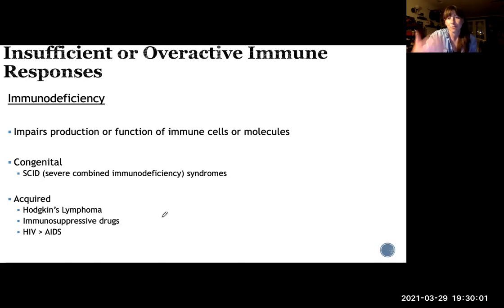So if you are battling cancer, or if you have a transplant or a transfusion, you are going to have to take drugs that are going to suppress your immune system on purpose, so that your body doesn't hurt itself, basically, right? You take immunosuppressing drugs if you have a transplant or a blood transfusion to try and dampen the response of your immune cells to what might be recognized as non-self.